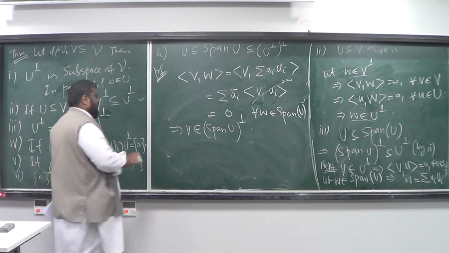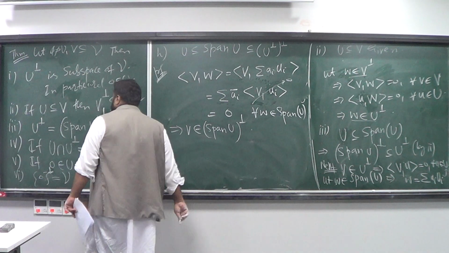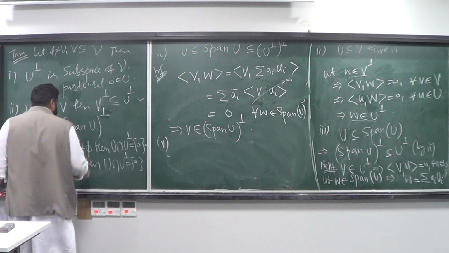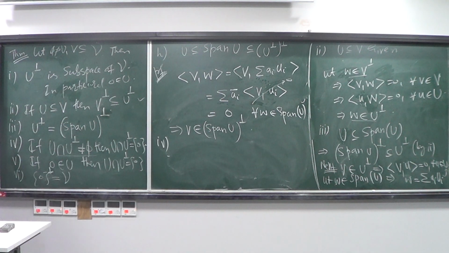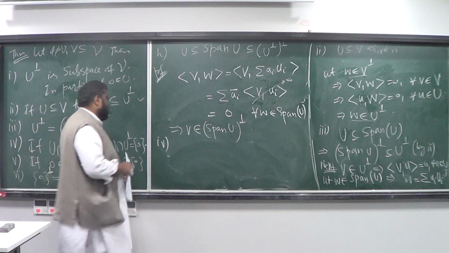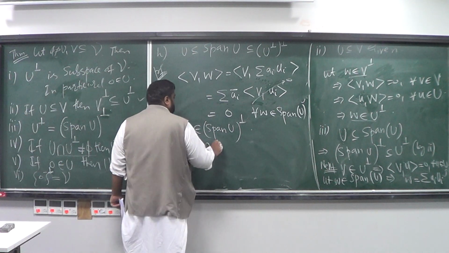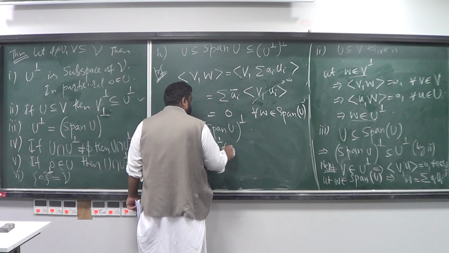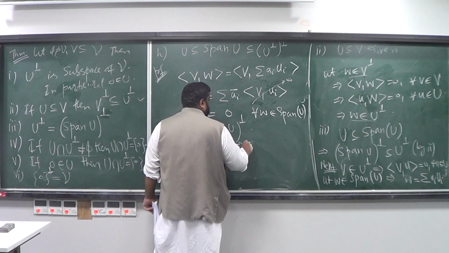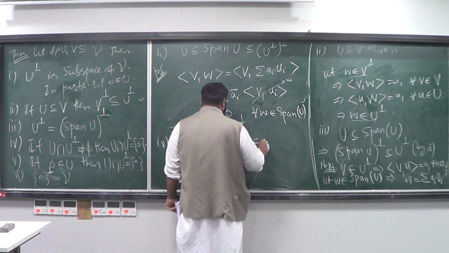Okay? Now let's come to the fourth part, and let's say that this intersection is non-empty. Then I would like to show that U intersection U perp must be 0. Okay. Why should this be 0? Now as we are assuming that U intersection U perp is non-empty, there must be, say, a vector u in both.